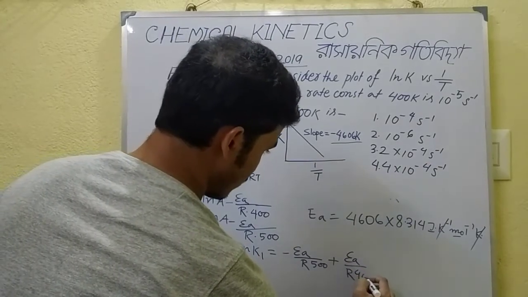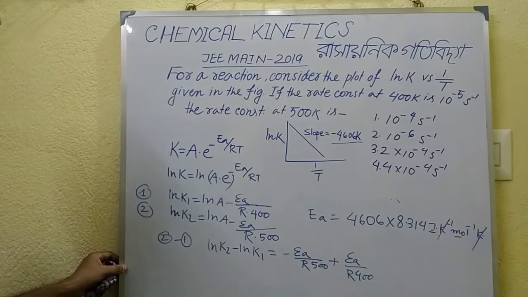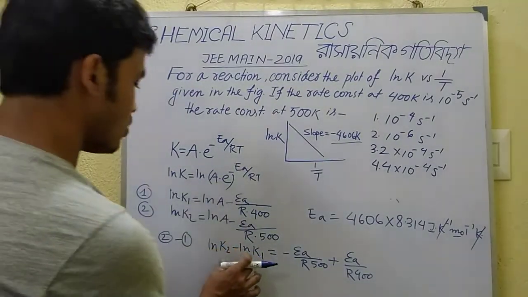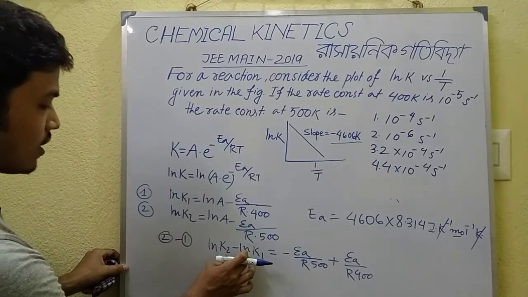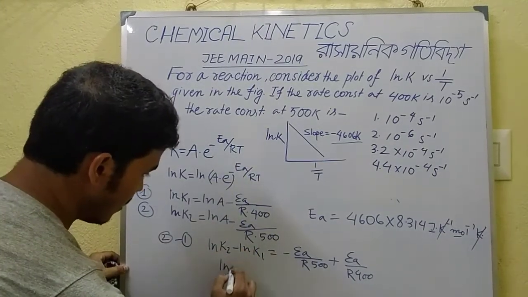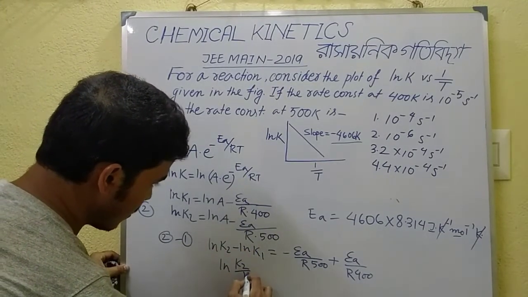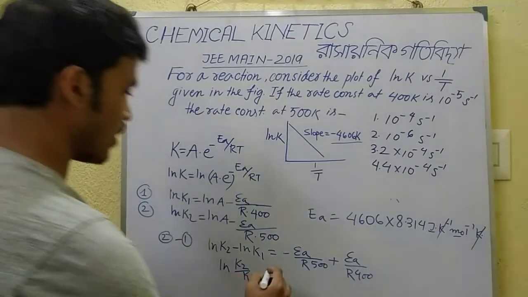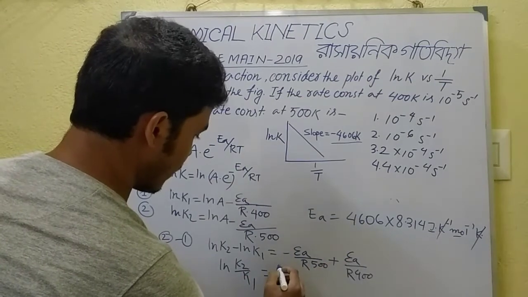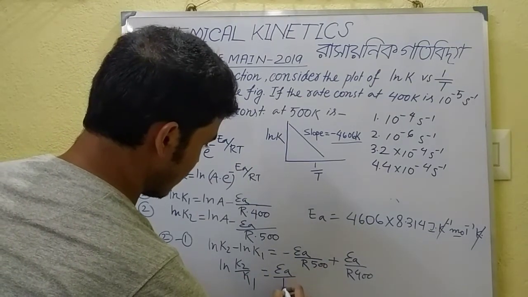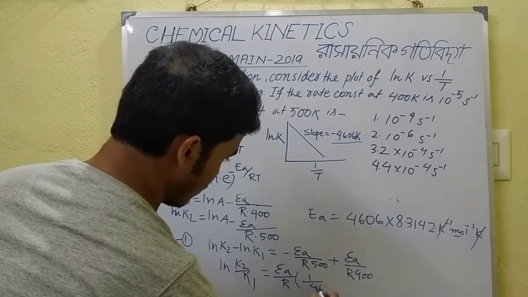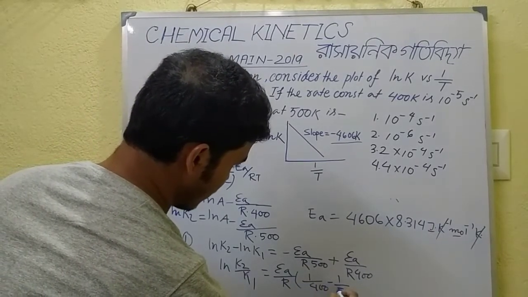These two ln terms are in subtraction, so we can write it as ln K2 by K1. So ln K2 by K1 is equal to EA by R, taken common, times 1 by 400 minus 1 by 500.